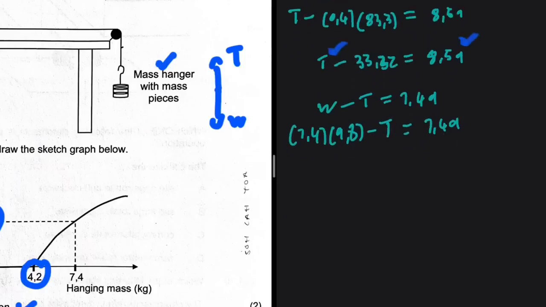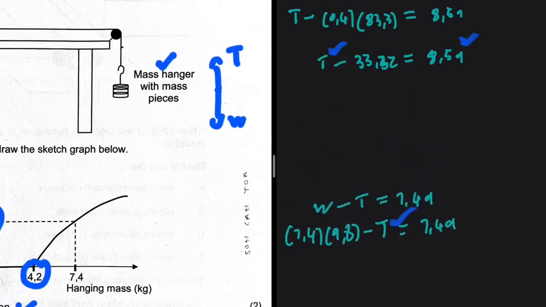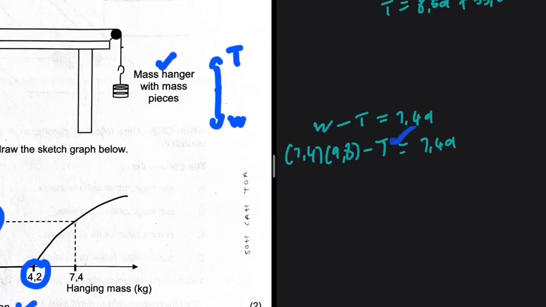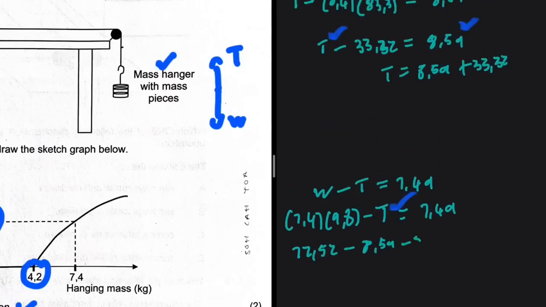Obviously, we can make the tension the subject of the formula in the first equation, which gives us 8.5a plus 33.32. So instead of having tension there, we can say 7.4 multiplied by 9.8, which is 72.52, minus 8.5a minus 33.32 is equal to 7.4a.